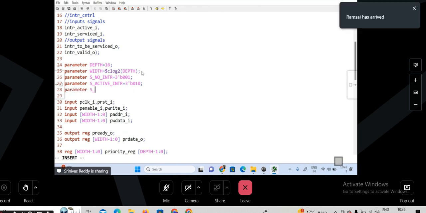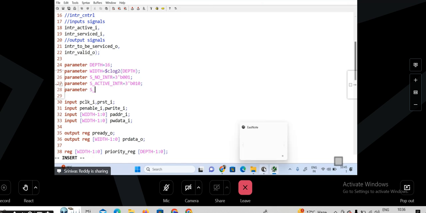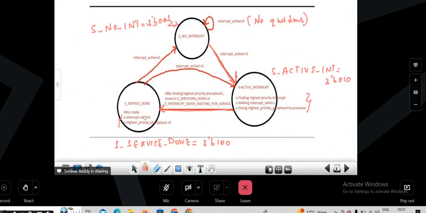Width minus 1 down to 0. Do you understand? Next, what is another output? Output reg interrupt valid. Is it scalar or vector? Scalar. Do you understand? Now we're done with the port declaration of the interrupt controller.